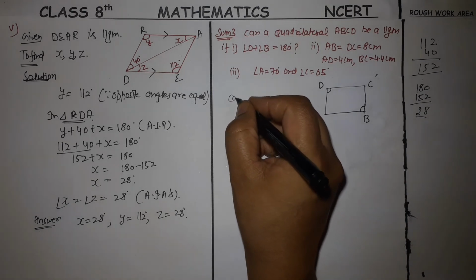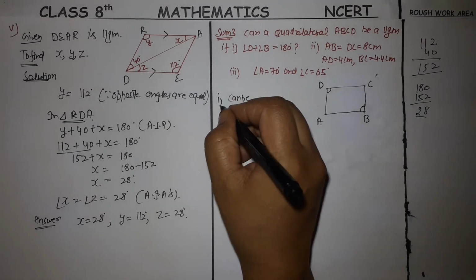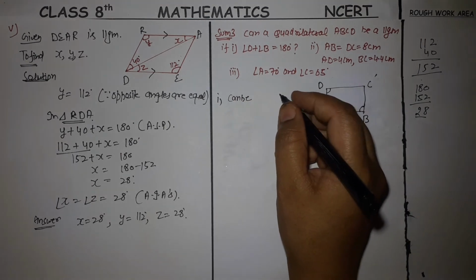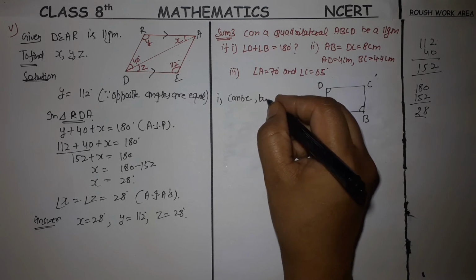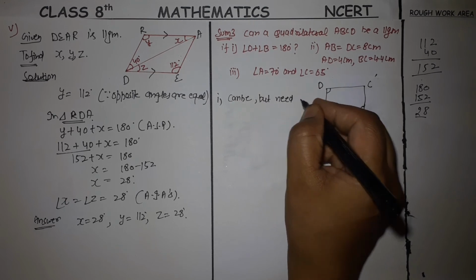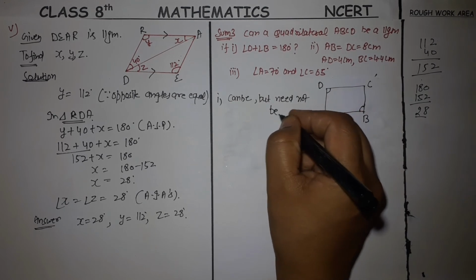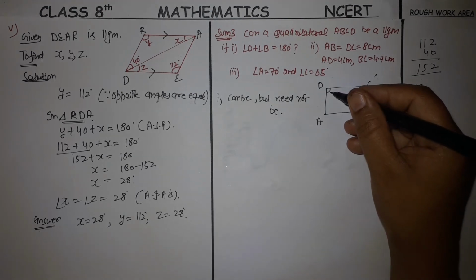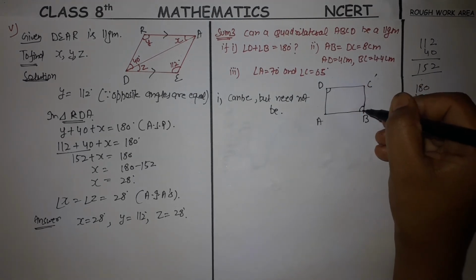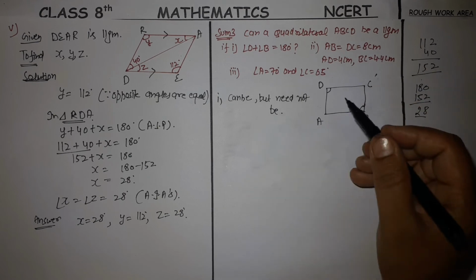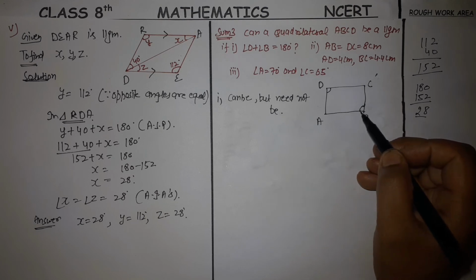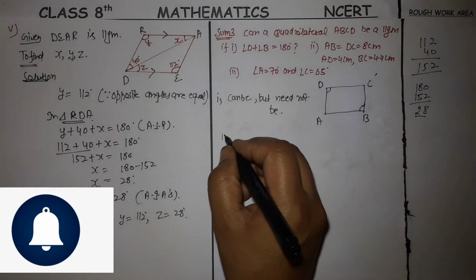It can be, but need not be, because if angle D is 60, then angle B is also 60 degrees. 60 plus 60 makes 120. It is only possible when angle D and angle B are 90 degrees.